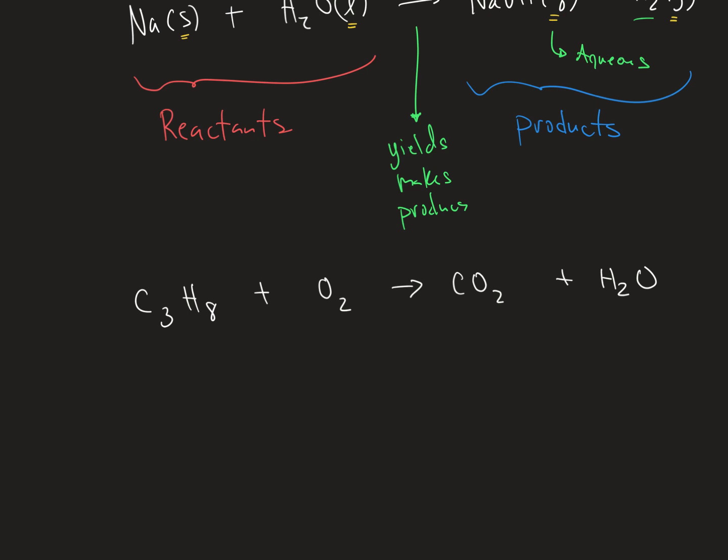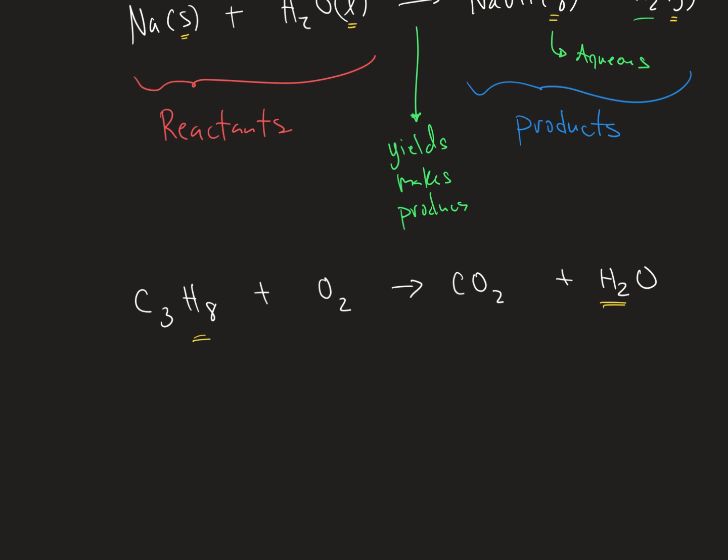Okay. Anything look a little off with that equation? Missing hydrogens. We have 2 over here and we have 8 over here. According to the law of conservation of matter, we cannot destroy them. If we start with 8 hydrogen atoms, we got to end with 8 hydrogen atoms, and so on. Okay?